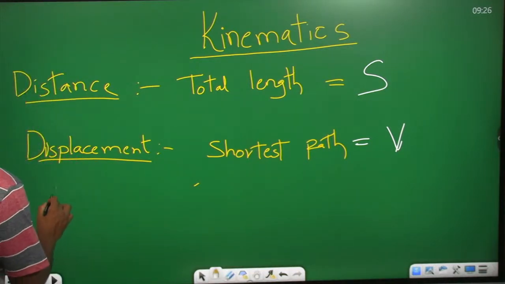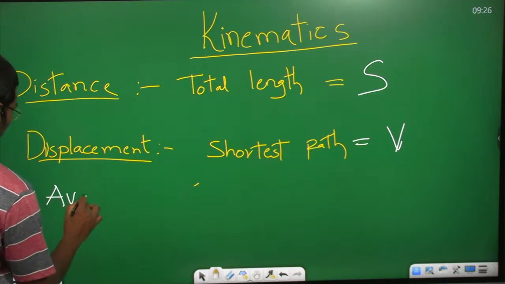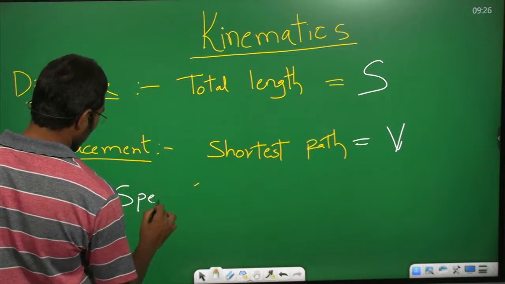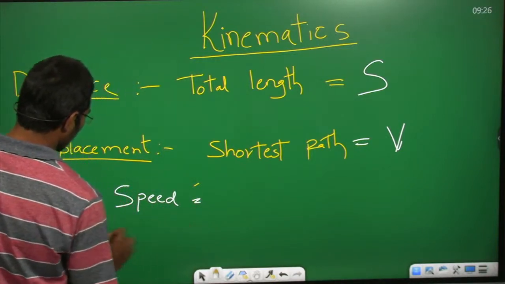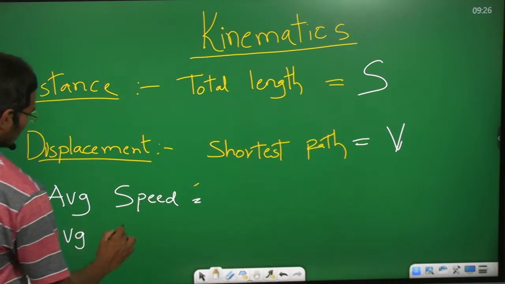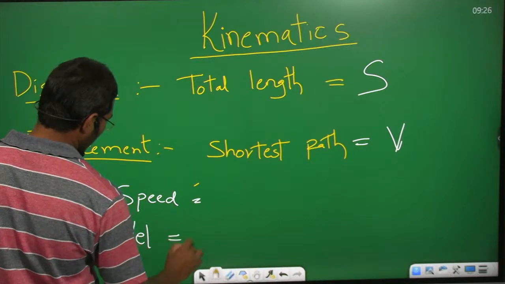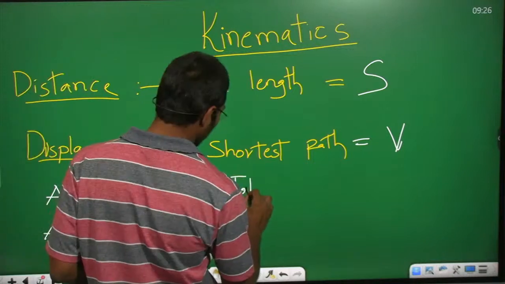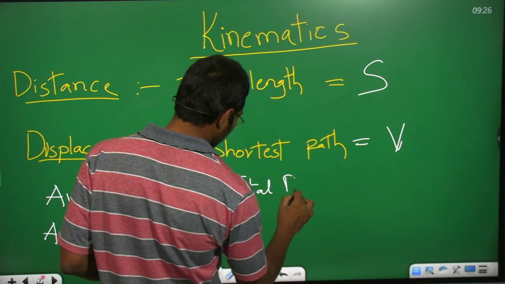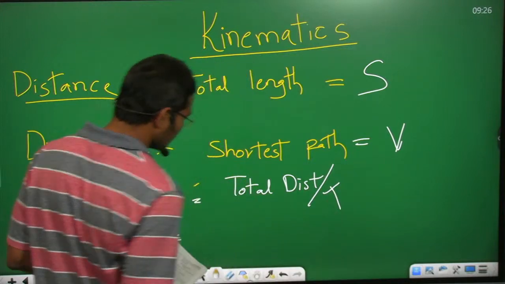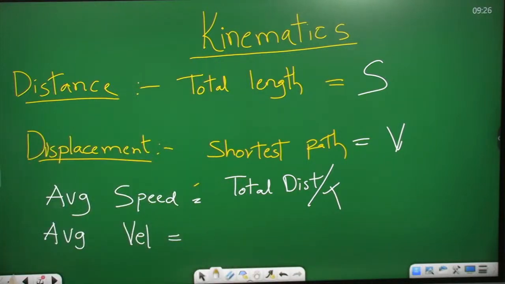So let us try to find average speed. Hope you all know what exactly speed means. Derive average speed and average velocity. So this is total distance by total time. And how about average velocity?